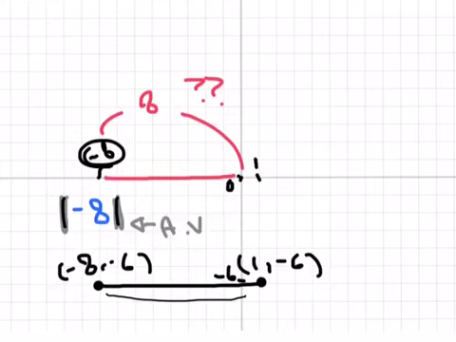The absolute value of -8 is 8. Absolute value, just to clarify, is the distance from the number to 0. So the absolute value of -8 literally means the distance from here to here.